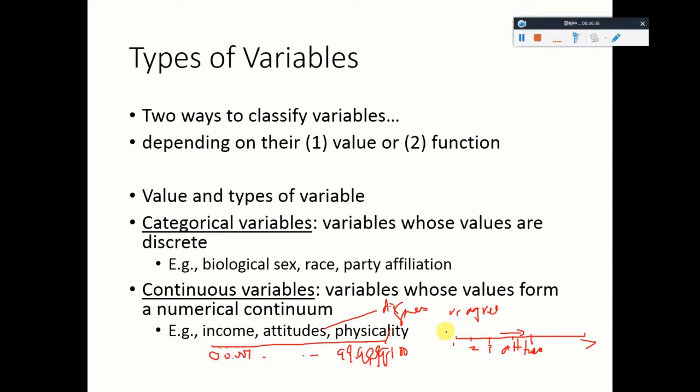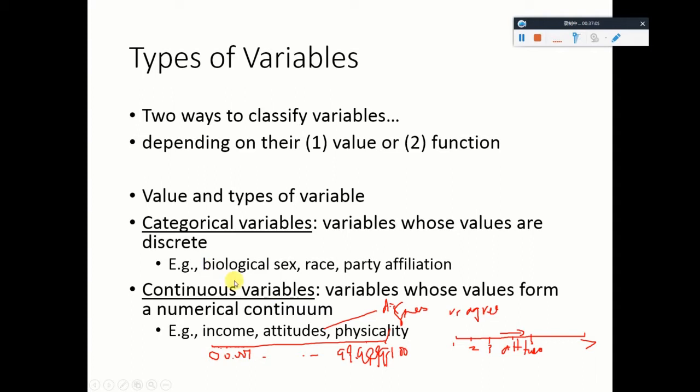So in that sense, physicality is a continuous variable. It also works. It also makes sense. So, but anyway, that suggests whether a variable is a continuous variable or a categorical variable sometimes, not always, depends on how we see them.